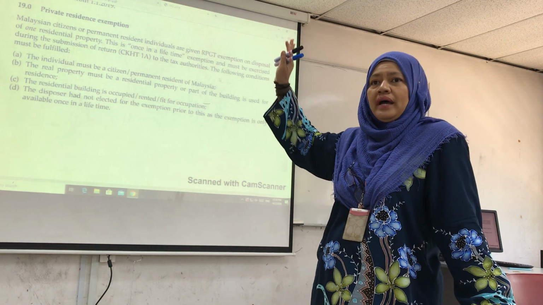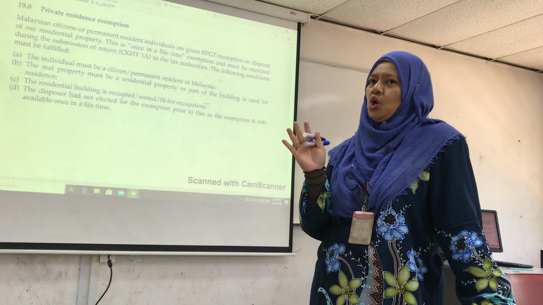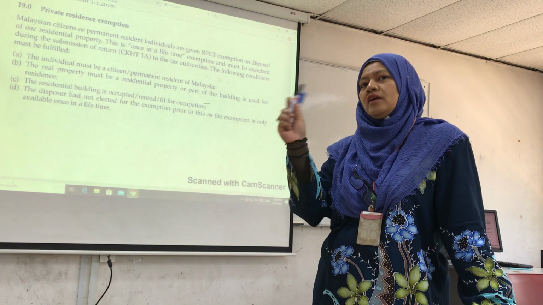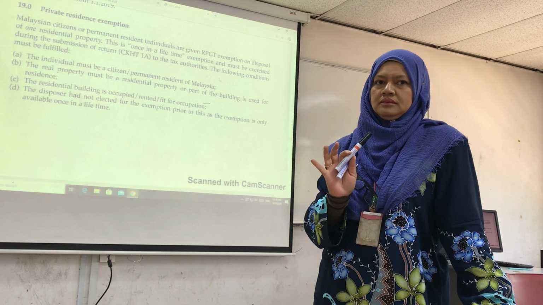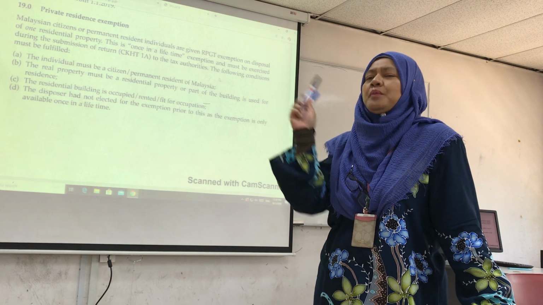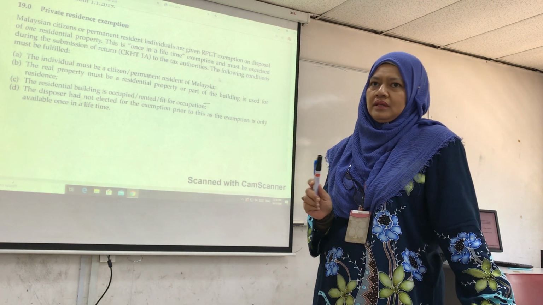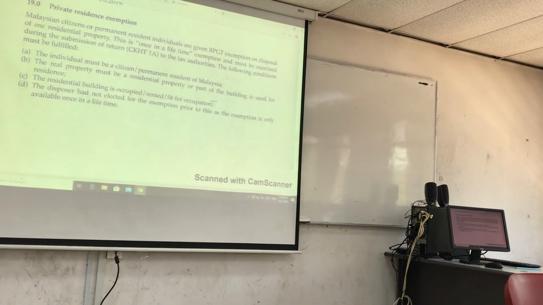This means that if I have many properties and I dispose of them, I can choose any one of the properties to be exempted from tax wholly. So I have to decide which one I want to opt for exemption. Of course, I will opt for the one that gives me the highest chargeable gain.